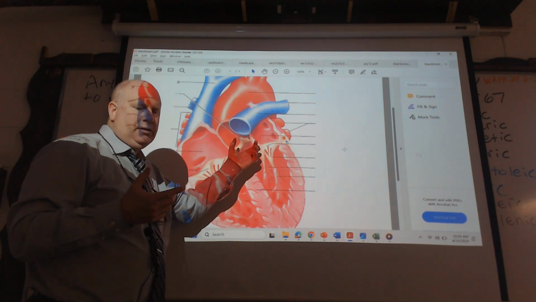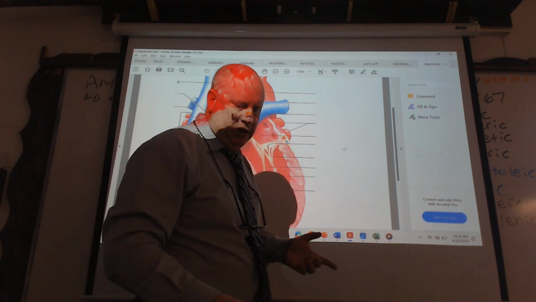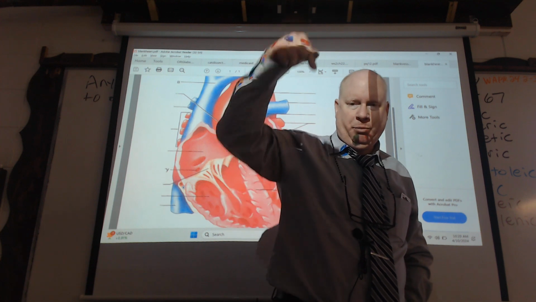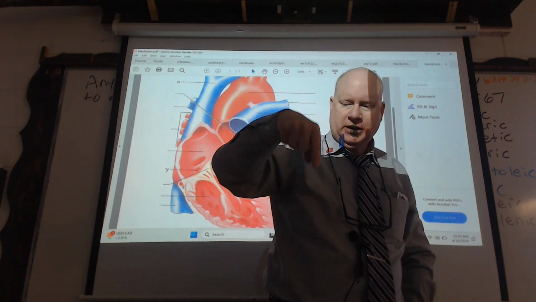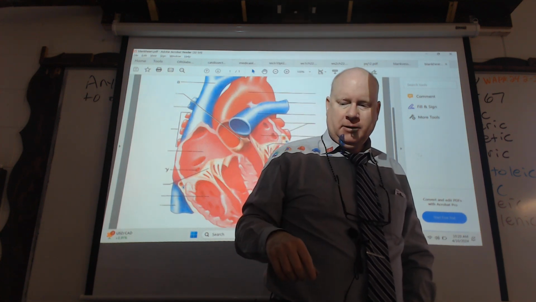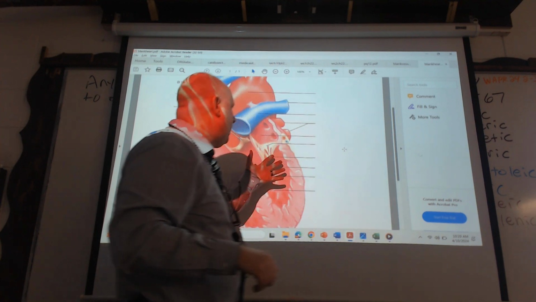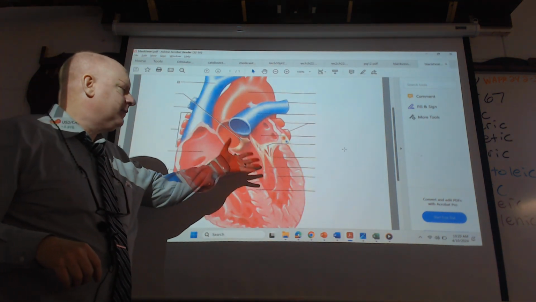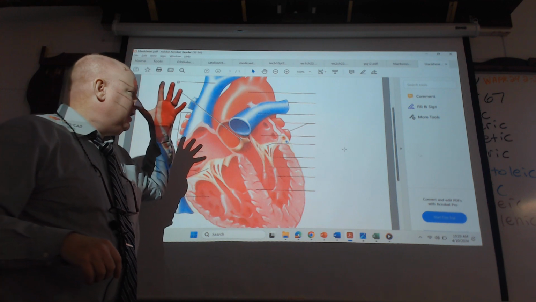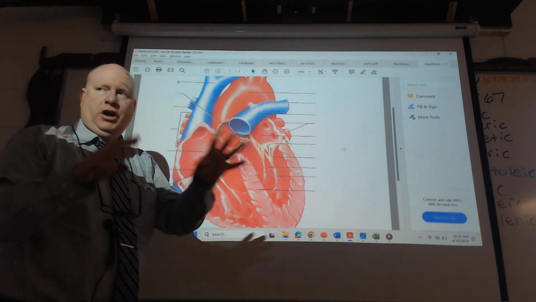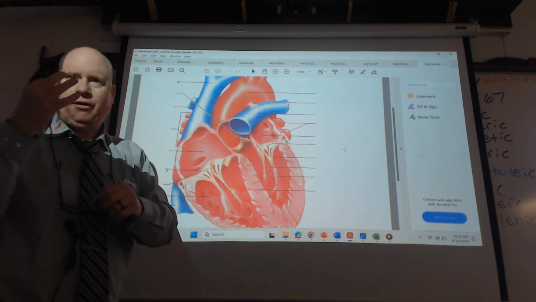So what we mean by that is when you look at page 561, that's a superior look, looking down on the heart. When there's a great amount of pressure in here, which there is, it's easier to have a good seal on 2 folds as opposed to 3.